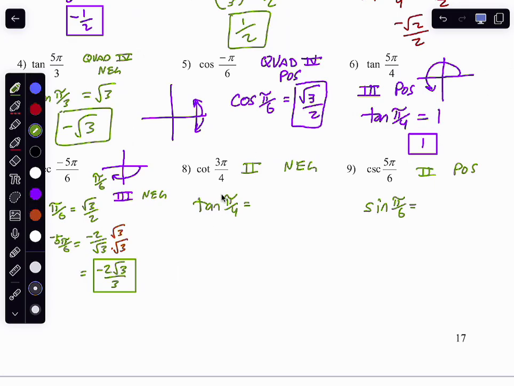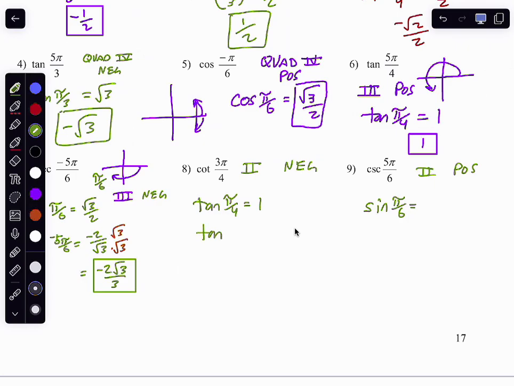So I found the reference angles, not coterminal. Reference angles. And then I would do the function that I know for my quadrant 1, and then I'm going to flip it later. So tangent of pi over 4 is 1, which means that the tangent of 3 pi over 4 is negative 1, and then I would flip it.